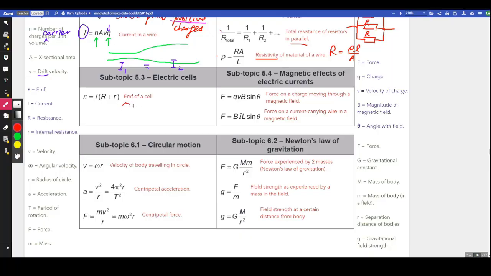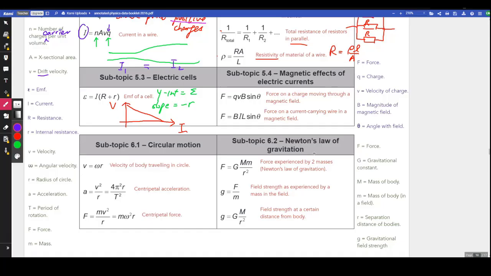One concept that you should recall, nothing to do with the equation, however, you should definitely know that if you try to plot the graph of these, I believe this should be V against I, then you should have the slope to be negative small r, while the y-intercept is going to be the EMF.